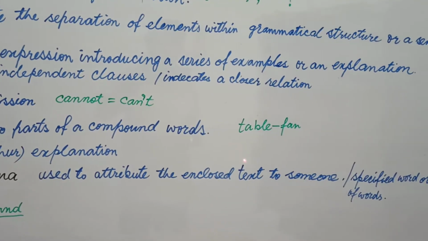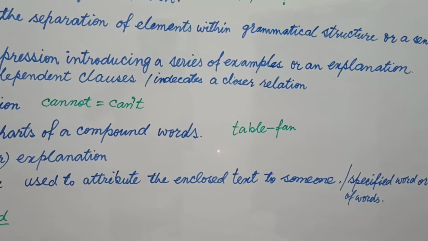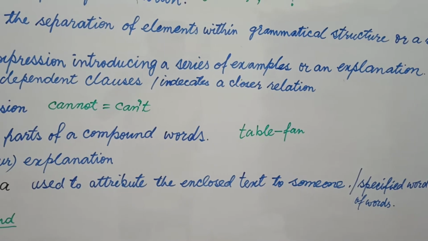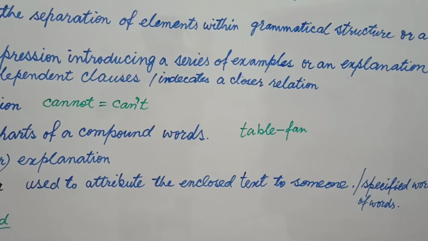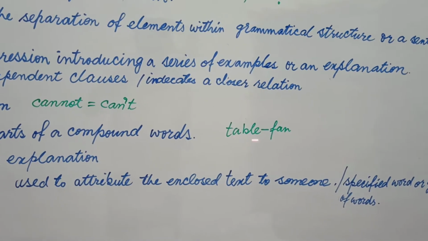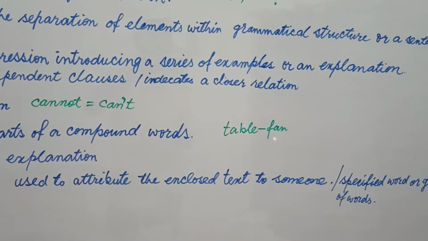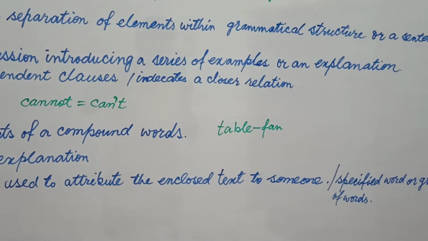Suppose there is a word table and another word fan. These are two words, table and fan. But if we add these two words and make a new word, table-fan, this third word is in itself a new word but it is based on two words. In this way, this is a compound word. The word that is based on two different nouns is called a compound word, and we use a hyphen between them.